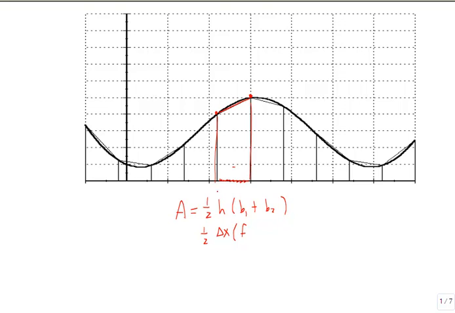So if this is the interval x sub i minus 1 up to x sub i, then this would be f of x sub i minus 1 plus f of x sub i. So that's your left endpoint plus your right endpoint. And then you take all of these trapezoid areas and you add them all up to get your approximation.